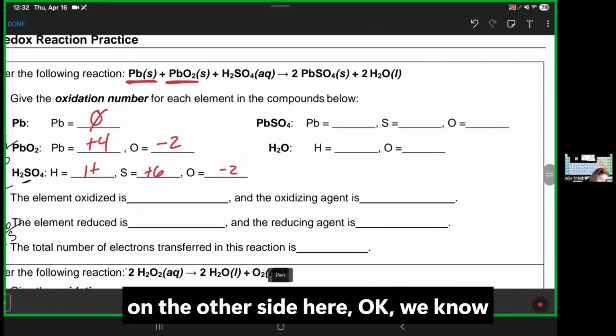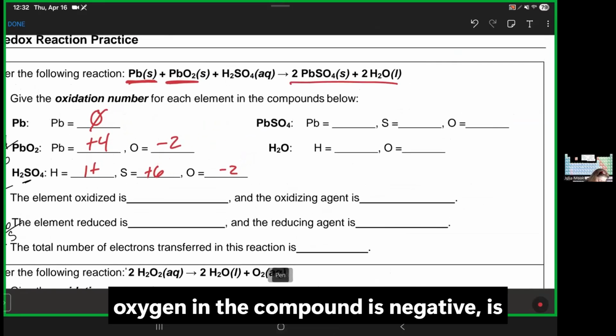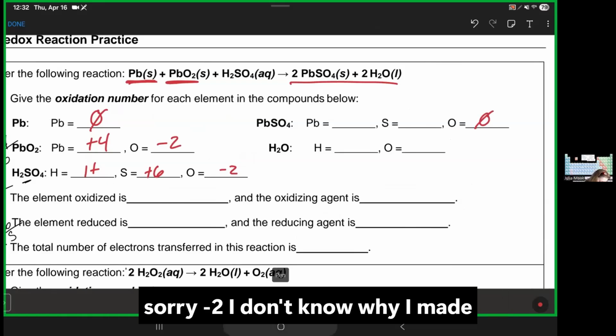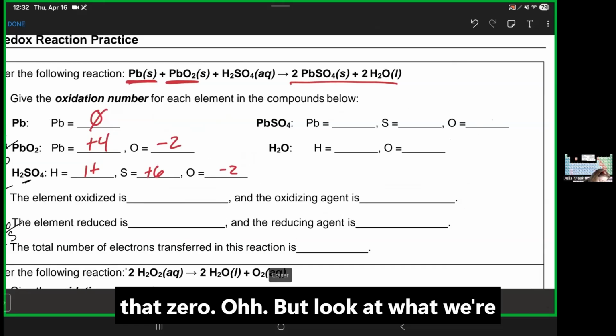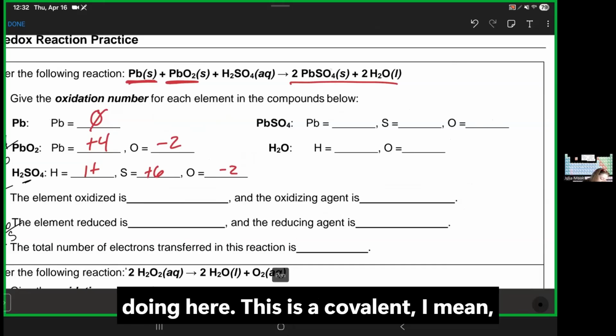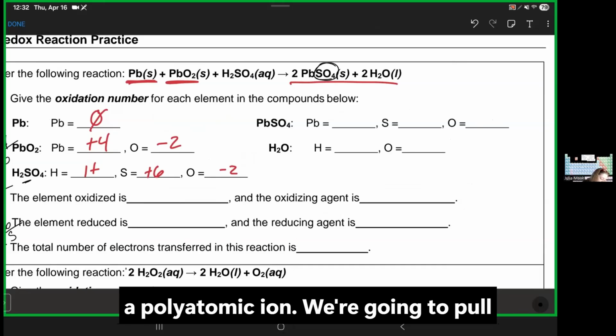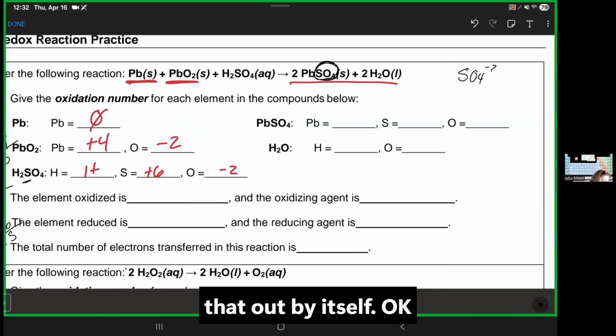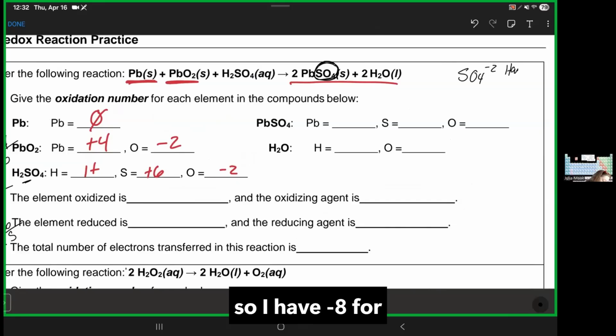Over on the other side here, we know oxygen in a compound is -2, sorry, I don't know why I made that 0. Oh, but look at what we're doing here. This is a covalent, a polyatomic ion. We're going to pull that out by itself. So I have -8 for my oxygens.